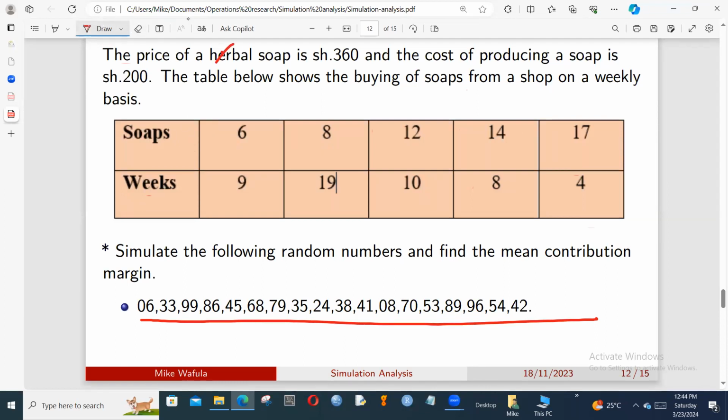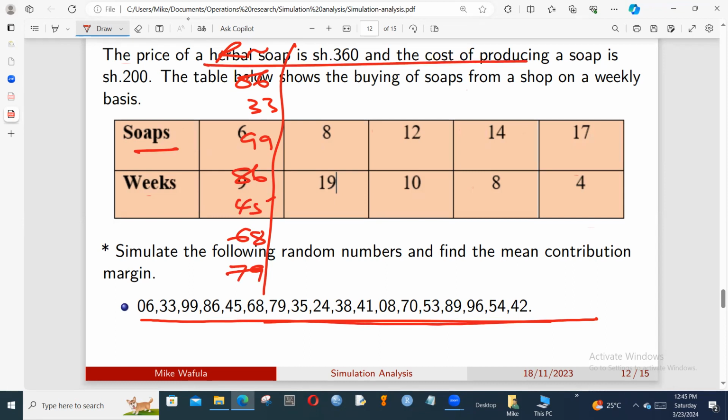You may want to arrange these random numbers in a column, or they can even remain the way they are. So you have 06, you have 33. There's only one variable, so you have 99, you have 86, you have 45, you have 68, 79, all the way, all of them.